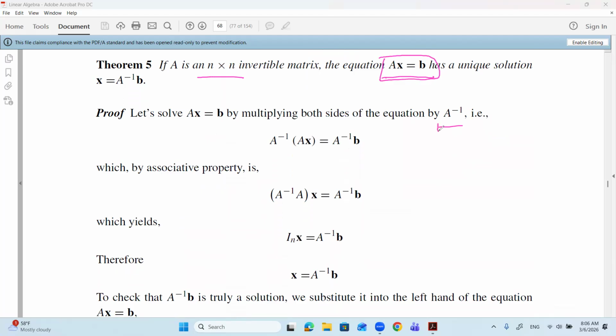As long as the inverse exists, we can simply represent the solution. But how do we find the inverse of a larger matrix? If the inverse exists, that implies the system AX equals B has a unique solution. But finding the inverse of a larger matrix can be more work. So I will talk about that in a separate video.